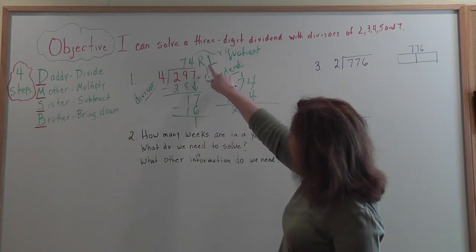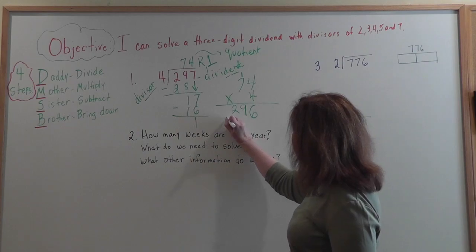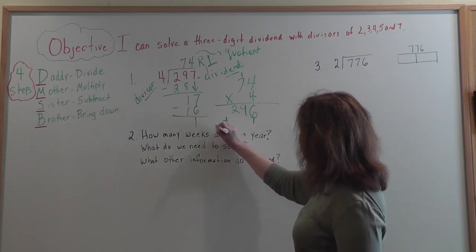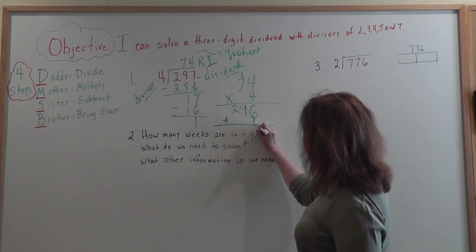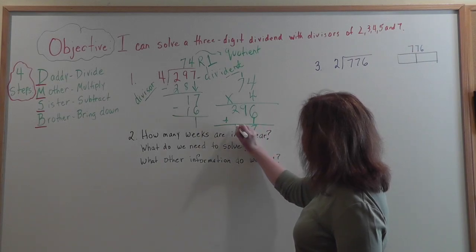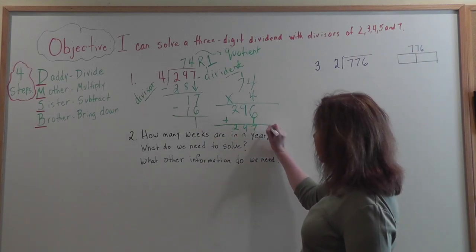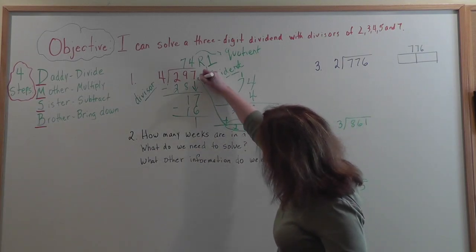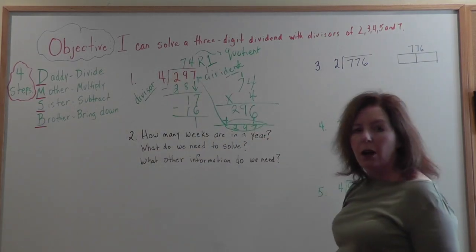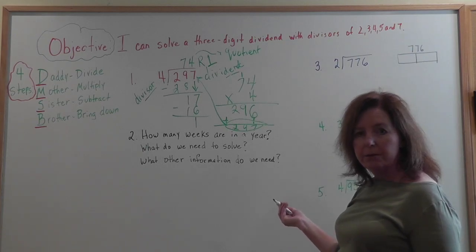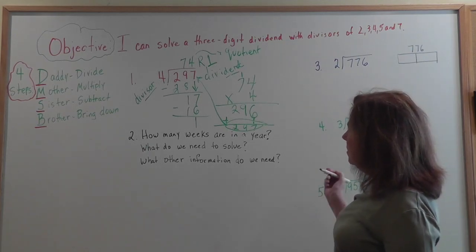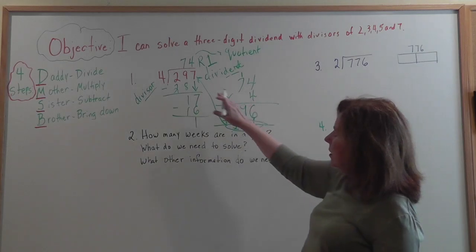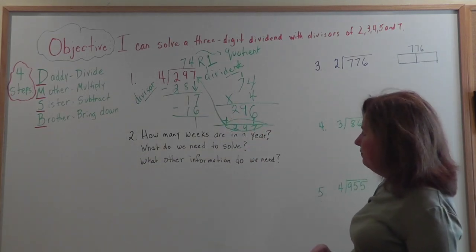Now, I add my remainder, plus 1, and I get 7, 9, and 2. Okay, this matches my dividend. So I know my answer is correct. So that's how you can check your work with division.